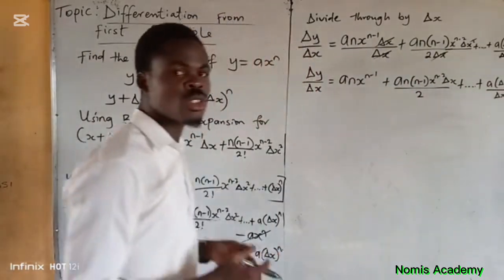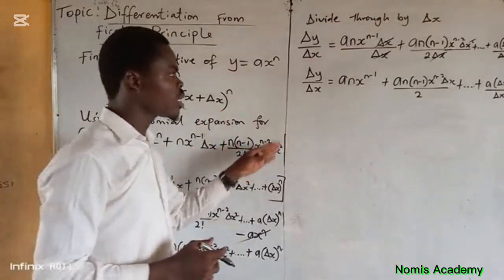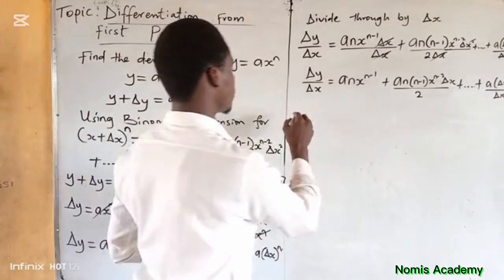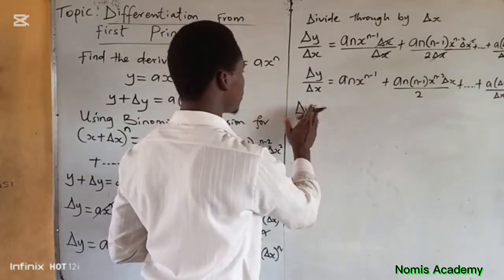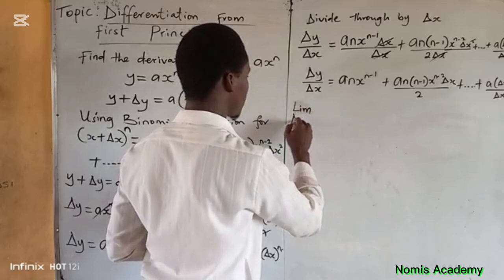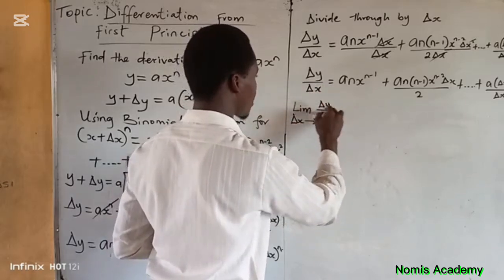Alright, the next thing we need to do here is to take the limit of the function, the limit as delta x tends to 0. That will be the limit as delta x tends to 0 of delta y over delta x.